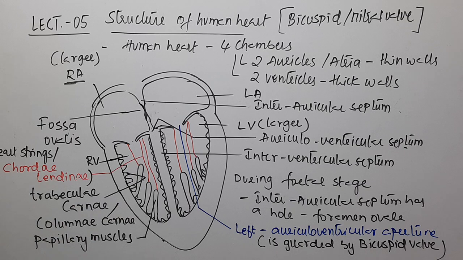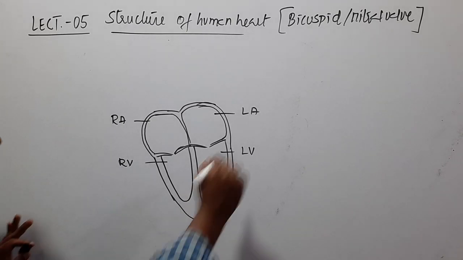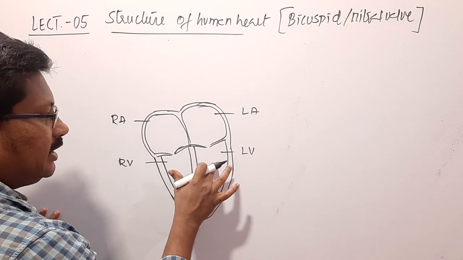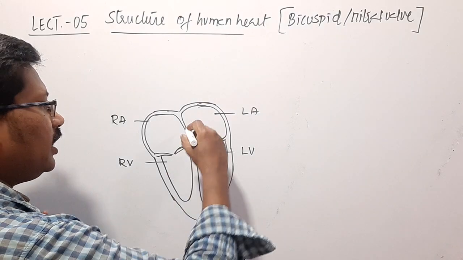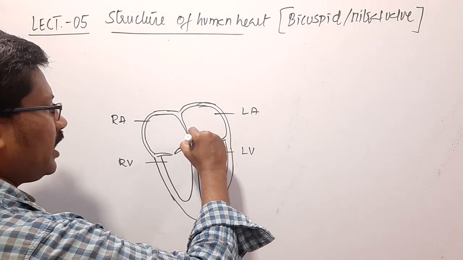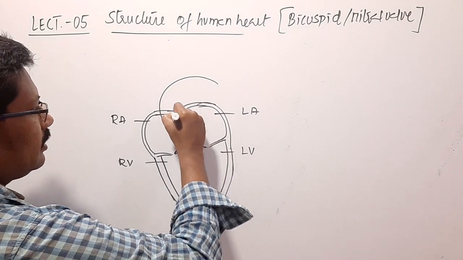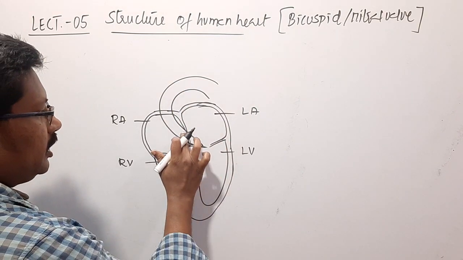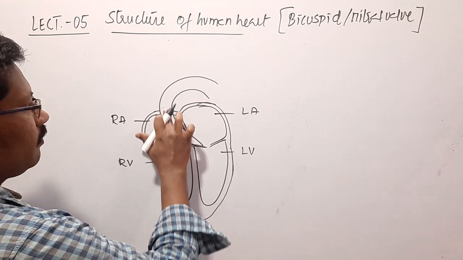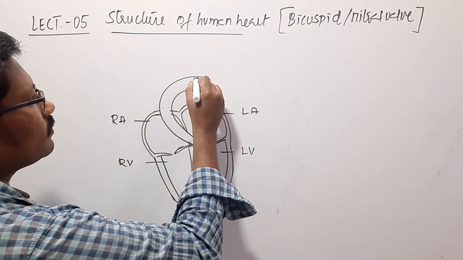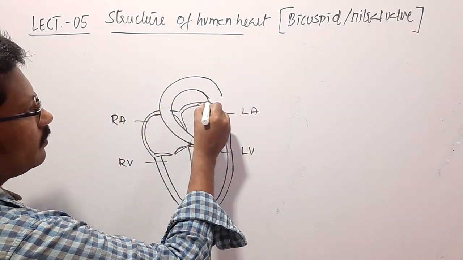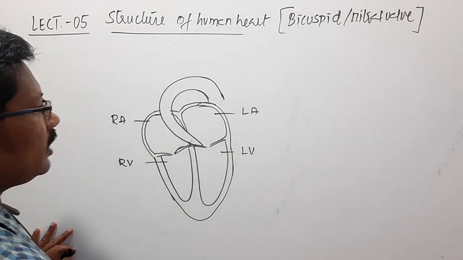Now we'll see the blood vessels entering and coming out of the heart. Here I have drawn the diagram. Arising from the left ventricle we have the aorta.